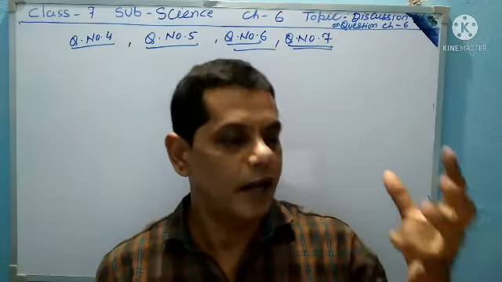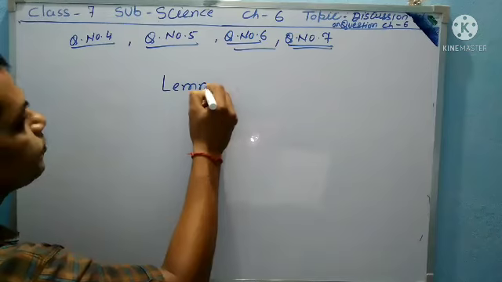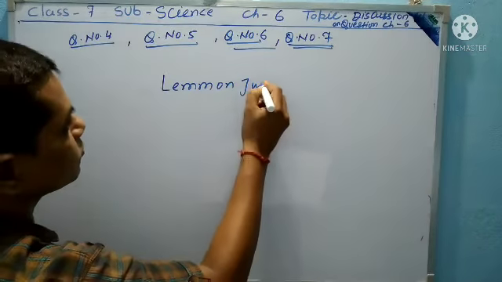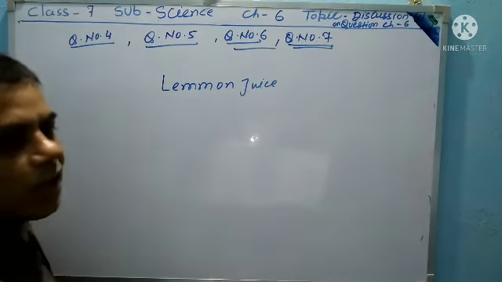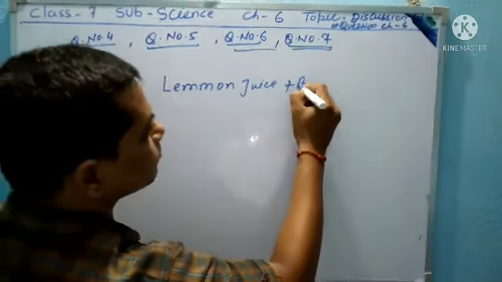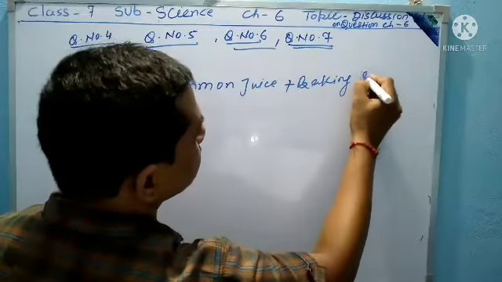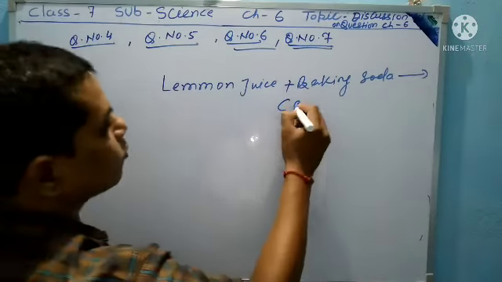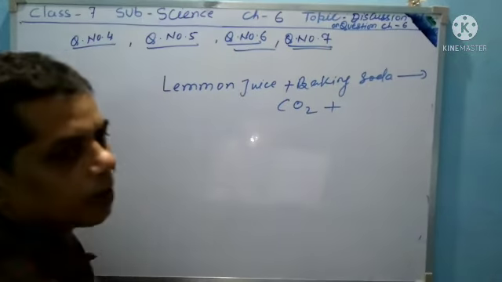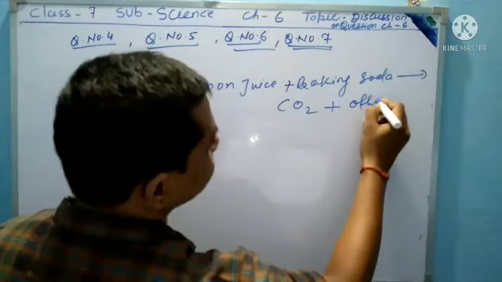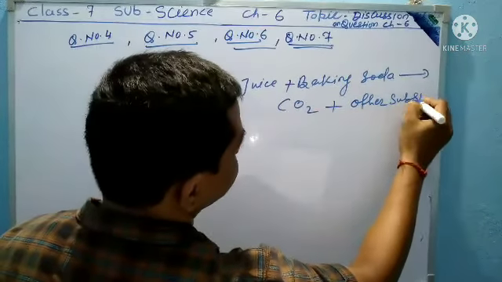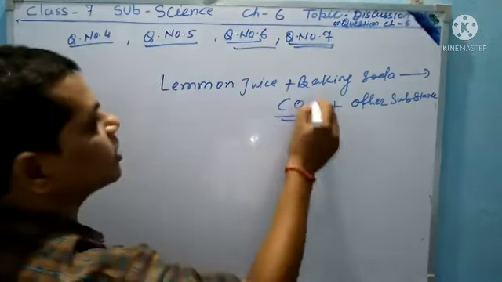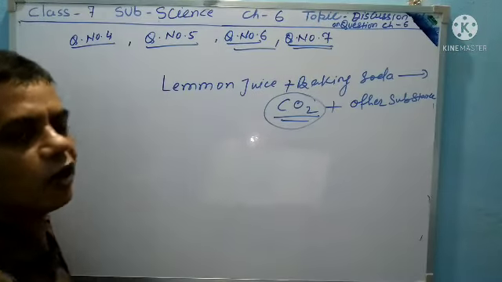This is a chemical change: lemon juice plus baking soda forms CO2, carbon dioxide, plus other substances. So the bubbles are carbon dioxide.